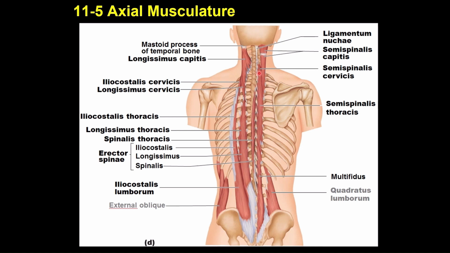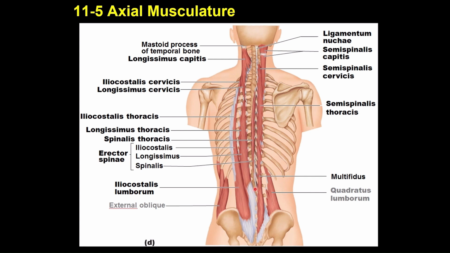It depends on the location. This part may elevate the rib area, and this stabilizes the rib area, and this area will cause depression of the ribs. So it depends on the area, but the main function to know for semispinalis is extension of the spine or vertebral column.